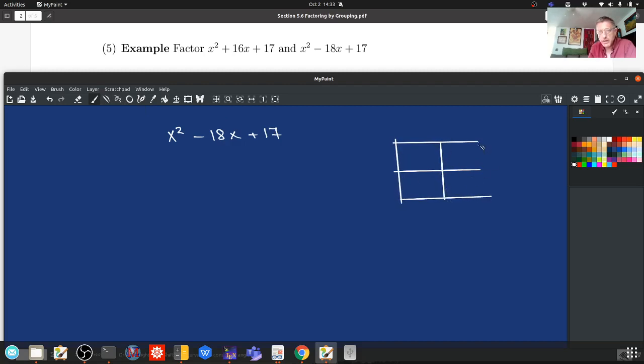So for instructors who teach the guess and check method, this is equivalent to the guess and check method. The only difference is that I arrange things a little bit differently. I make this little table over here, and most people just make you use FOIL and try to figure it out that way.